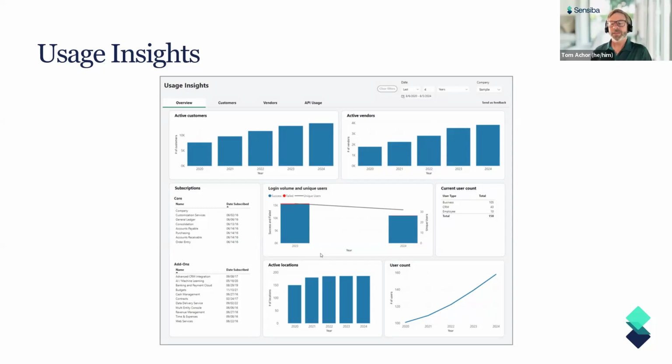Yeah, when Sage Intacct rolled out the performance tiers for API usage, there was a lot of concern about, oh my God, what tier am I going to end up in, or am I going to have to pay for my API usage? And having this screen really creates a lot of assurance, because to get out of the $0 tier 1, you'd have to clear a threshold. I mean, you would have over 100,000 API calls per month.